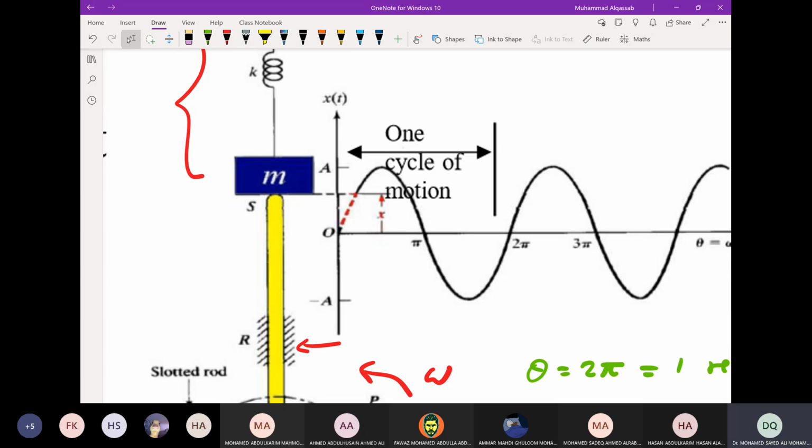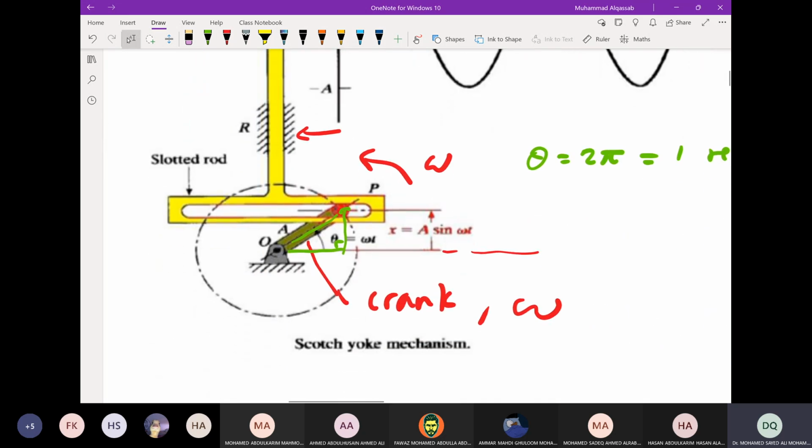So there is a relationship between the frequency of oscillation of the mass and the angular speed of the crank, which are equal. Omega for the crank is called angular speed, and omega for the mass is called frequency, and the unit, of course, of omega is radian per second.